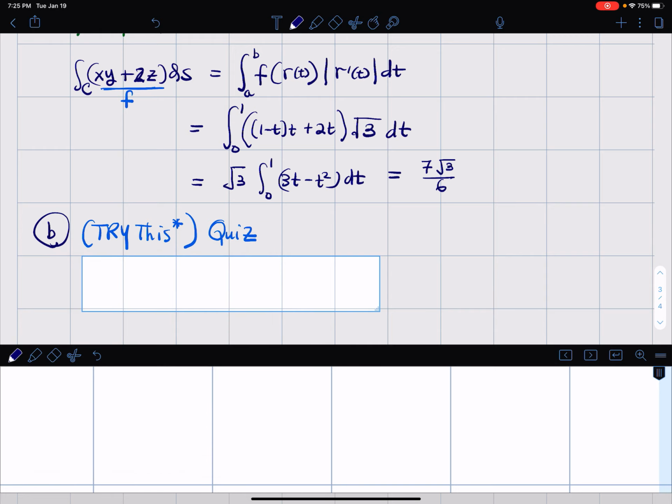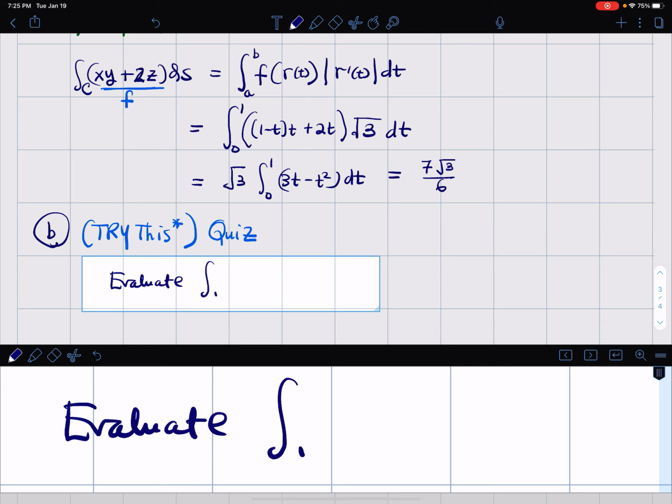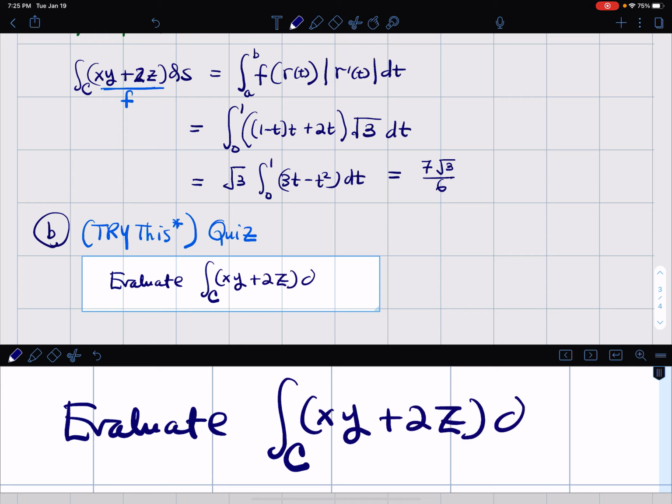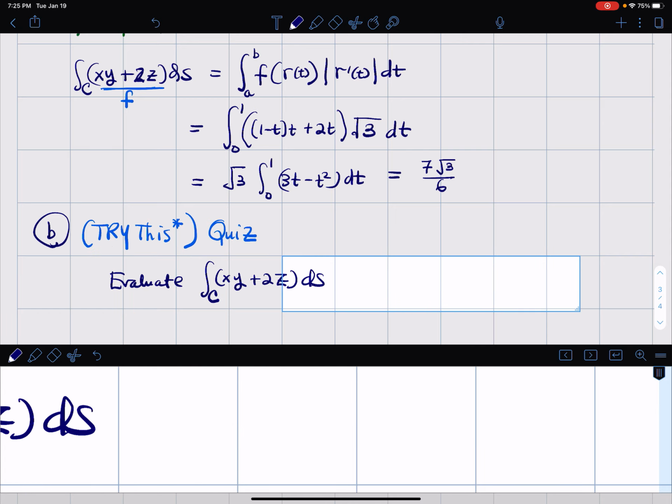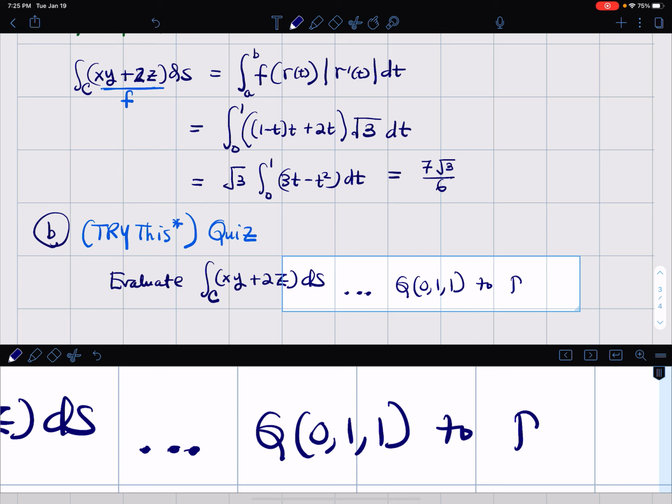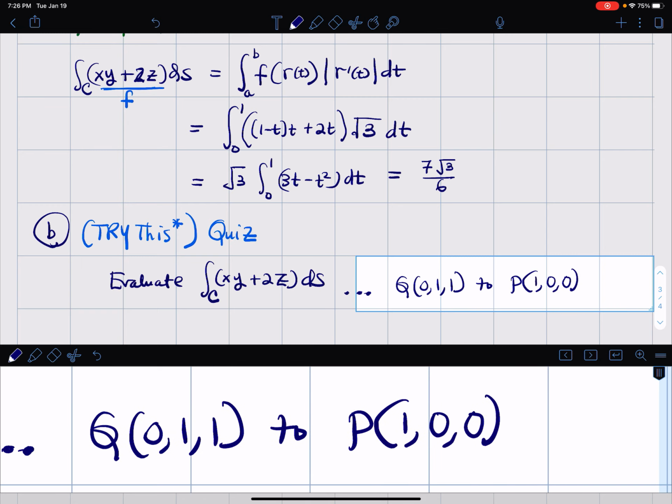It's the same thing. Evaluate the integral over c of xy plus 2z ds, and you want to go from Q equals 0, 1, 1 to P equals 1, 0, 0.